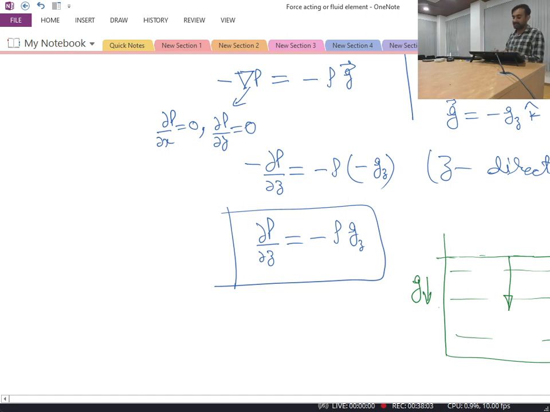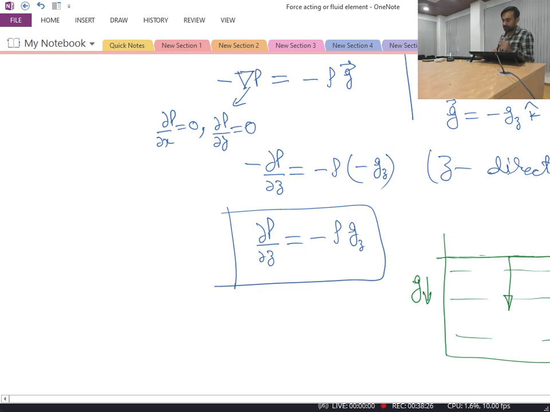Basically that is responsible for making the gradient component parallel to it, so del P by del z has its direction on the downward side, because of which we find that the constant pressure surface must be normal to this direction of the gradient vector.